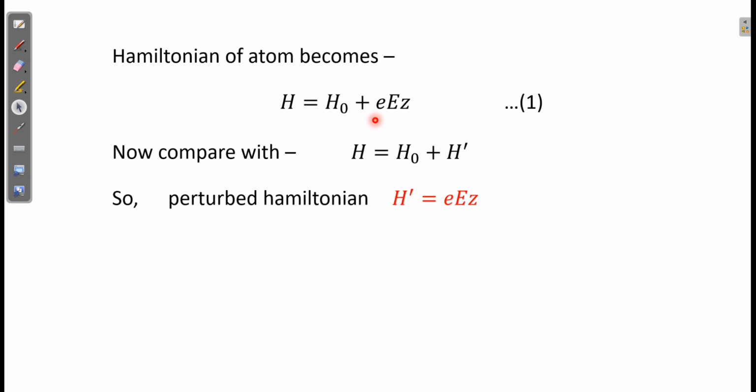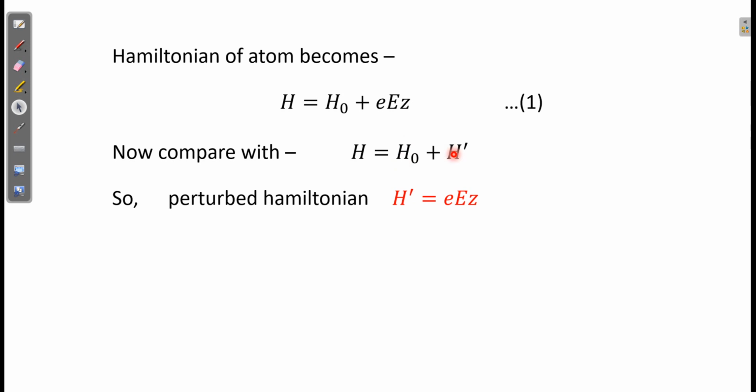Now compare with the Hamiltonian formula H is equal to H naught plus H dash. H dash is the perturbed Hamiltonian that comes due to the effect of the electric field, and H naught is the initial Hamiltonian in the absence of the electric field.